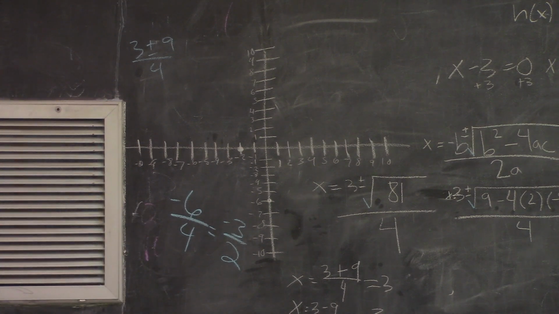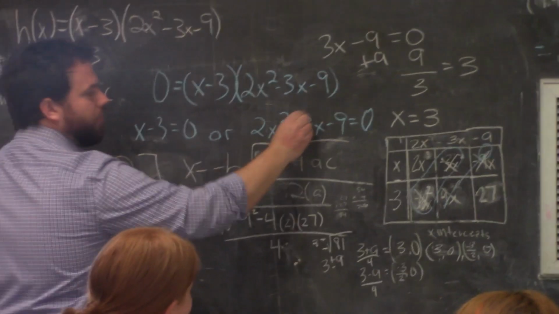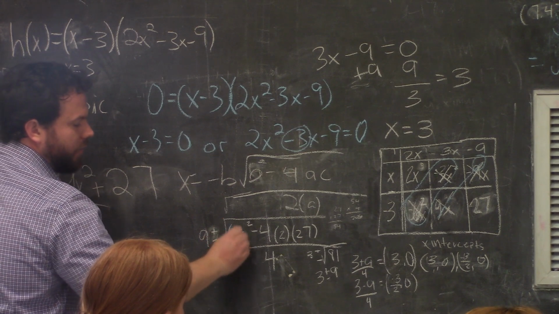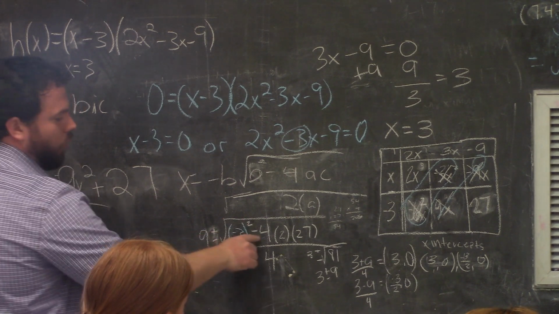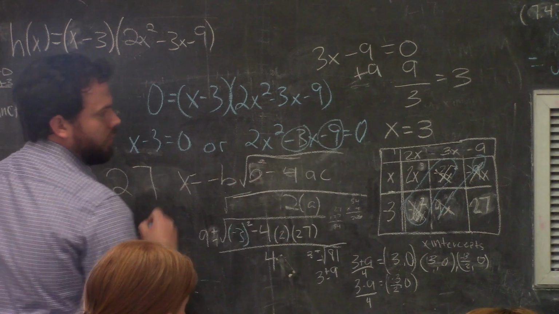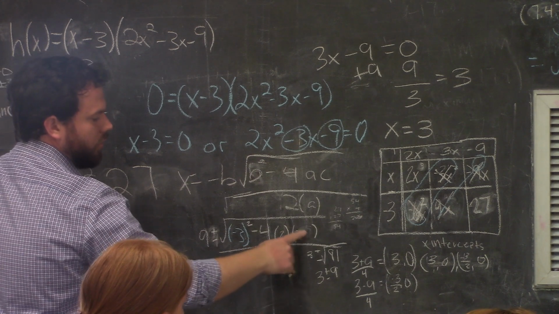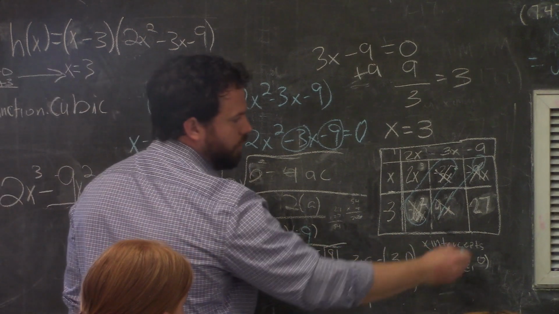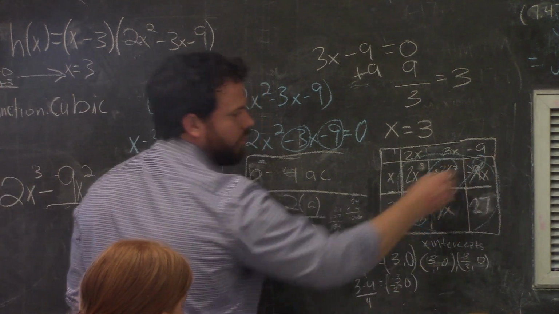One thing I do want to caution is right here. I just noticed this. Remember, this is b squared, and my b is negative 3. So we want negative 3 squared minus 4 times 2 times c, which is negative 9. I think what y'all did is you based it on this cubic, didn't you?